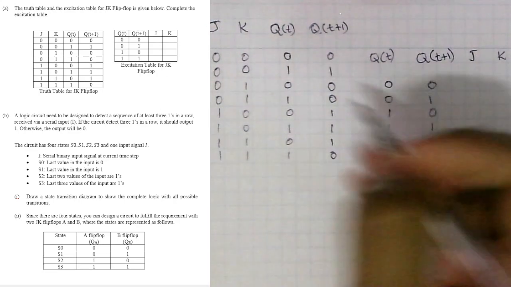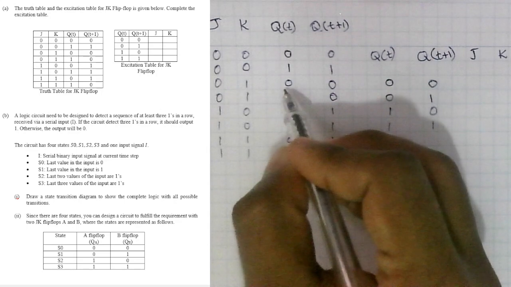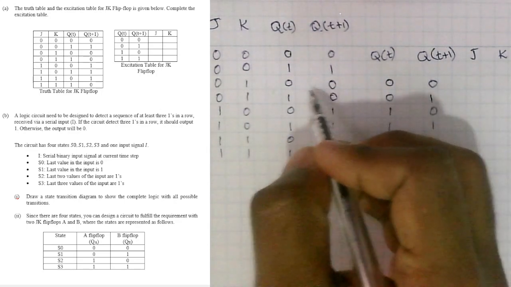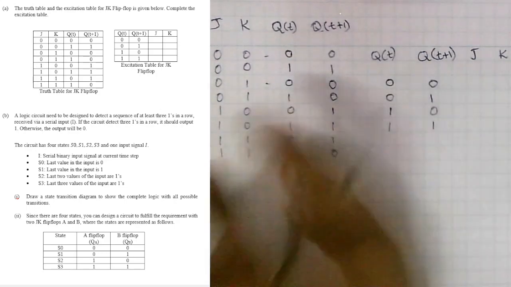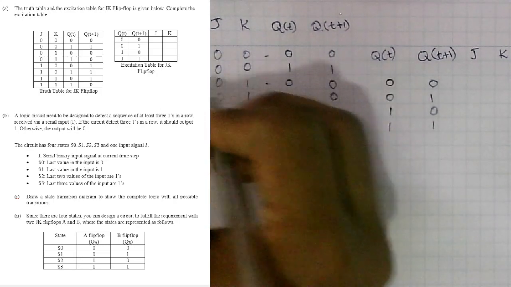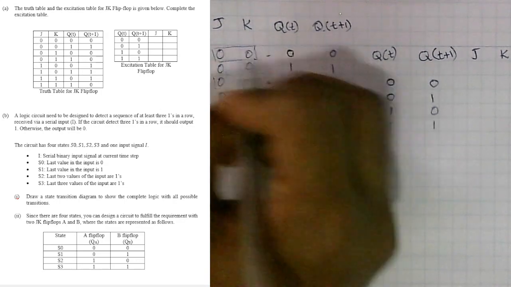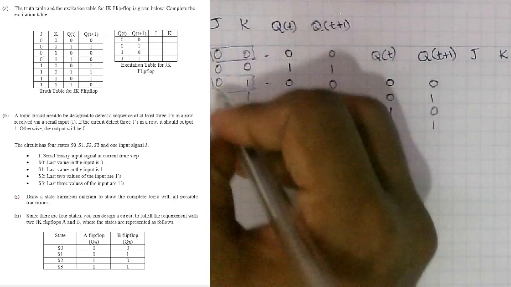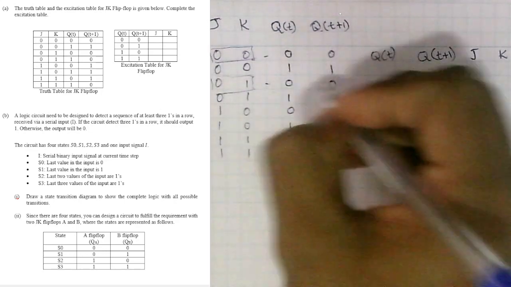From 0 to 0, you can see it occurs here in the first one, and here also it occurs, right? If you just look at this row and this row, you can see that if you consider only these two signals, the only constant is that J is 0, and K does not matter if we need this transition.